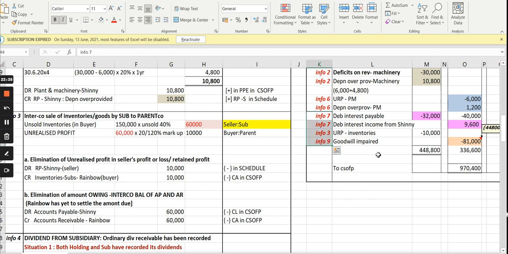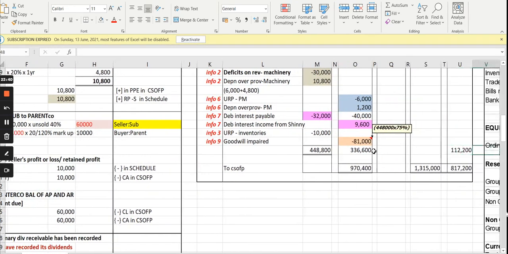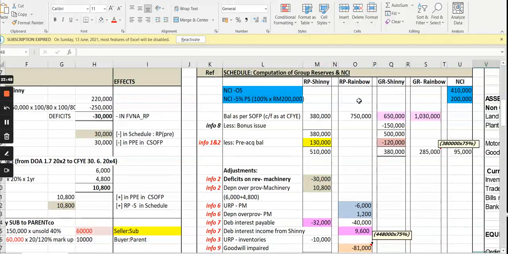Now we will concentrate on the item here. So make sure that you've posted all the adjustments that you have done in your simple journal there, and post it to the correct column. Whatever unrealized profit of the subsidiary, adjust in the subsidiary's column.